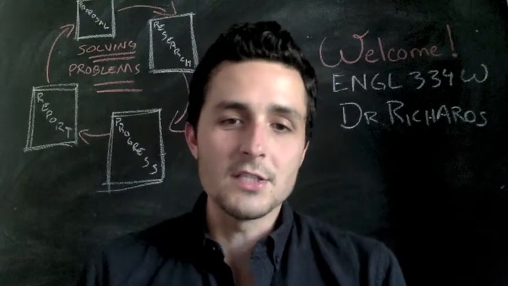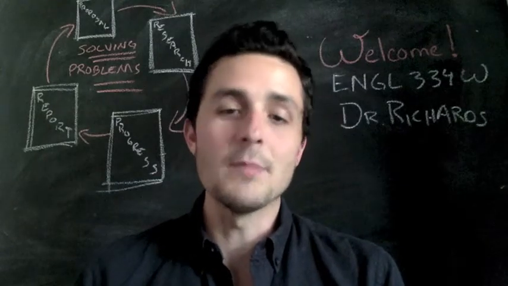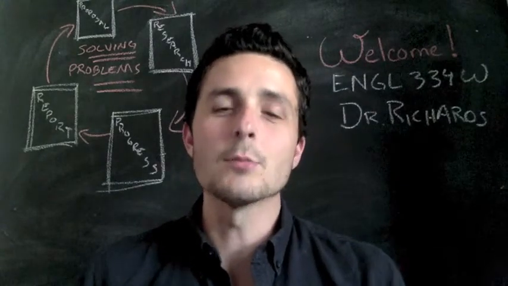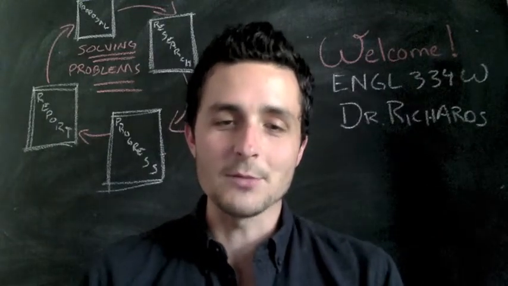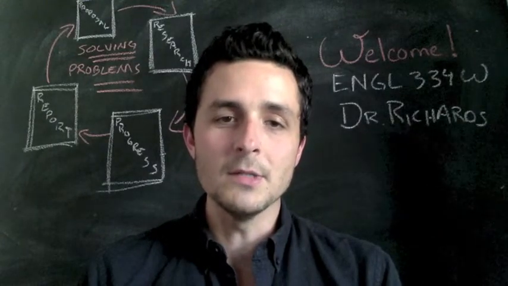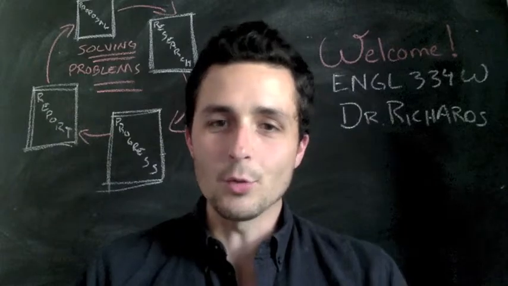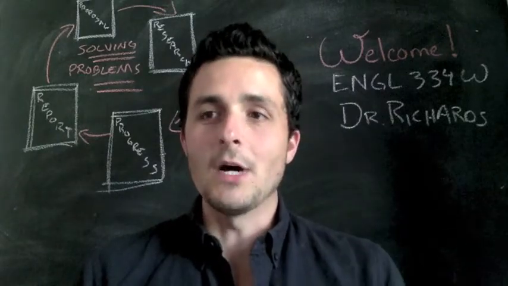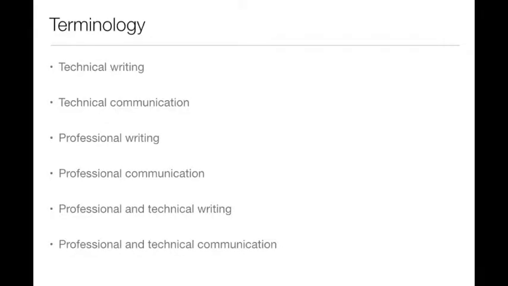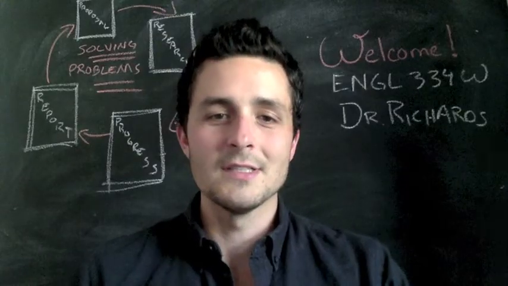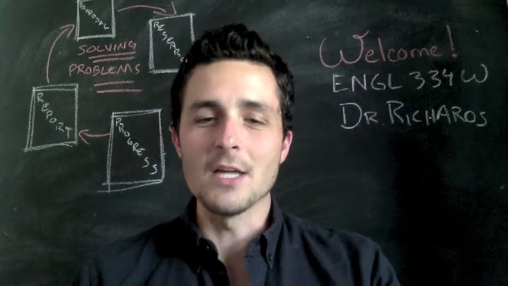Some of it is visualization, some of it is web-based communication, where the term writing in the traditional sense doesn't really capture the kind of work that gets done by people in this field. So that's the short justification for why you might sense some disconnect in language. Sometimes you'll hear it called professional and technical writing, sometimes business writing, and then there's the fact that you have a course named one thing and a textbook named the other.